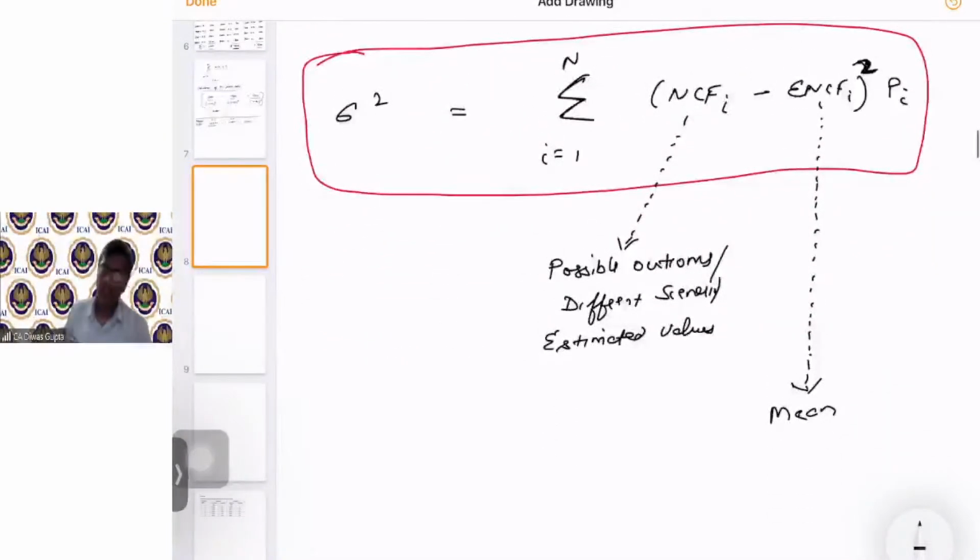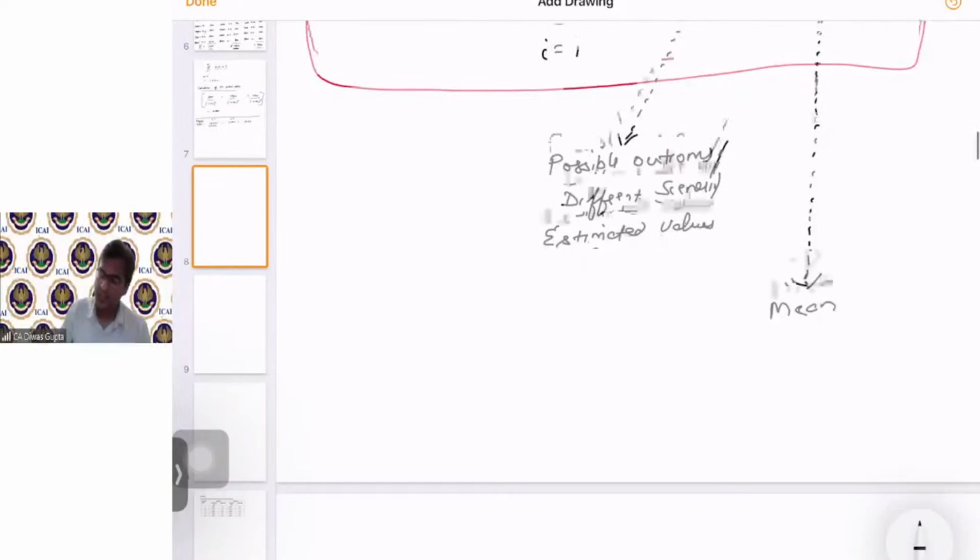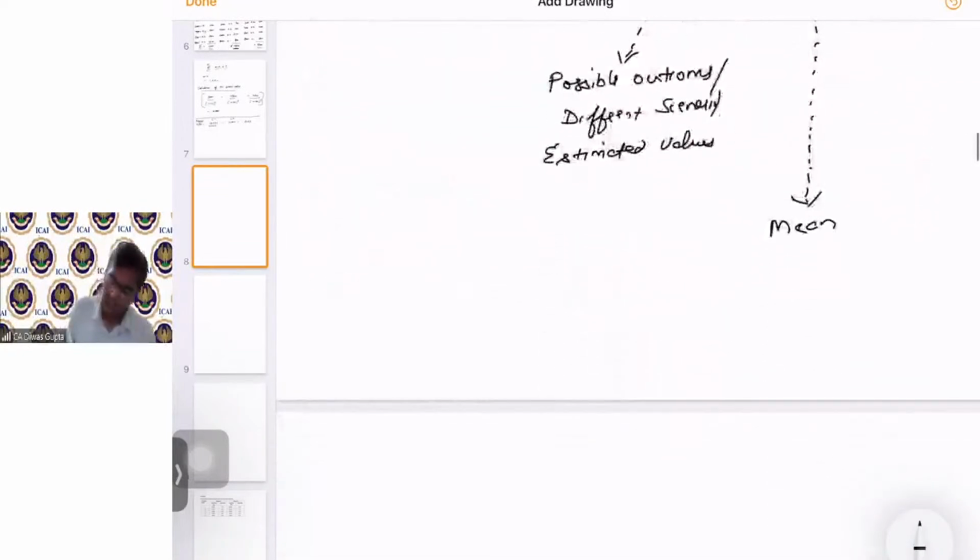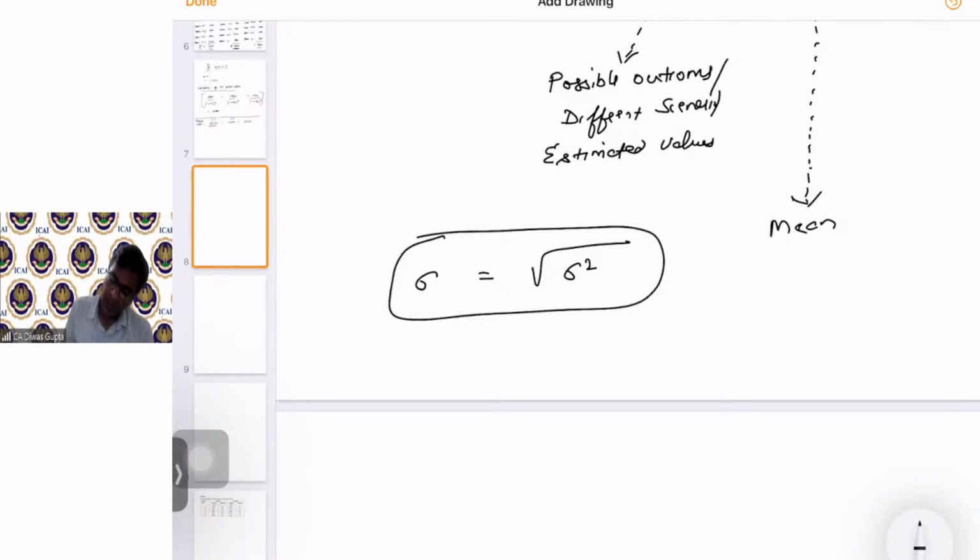I hope I'm able to explain you the formula, and then ultimately we are multiplying with the probability. So this is what the formula of variance is. You have to arrive at standard deviation. So then you can take a square root of variance, correct? So this will give you the standard deviation.